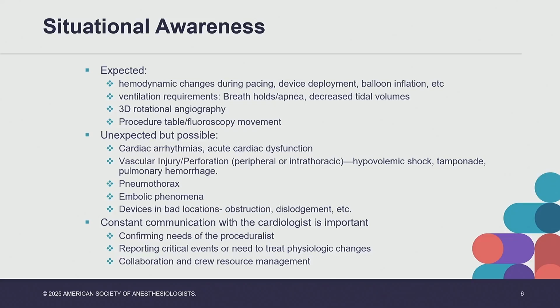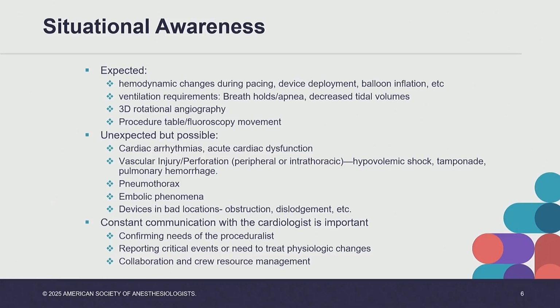The most important thing is to have constant communication with your proceduralist. You need to understand what they need. You have to tell them what your needs are during the case, because things change during the course of the procedure. As you're giving medicines and supporting the patient, you might be changing the conditions for the proceduralist. And so understanding what both of you are dealing with is important.